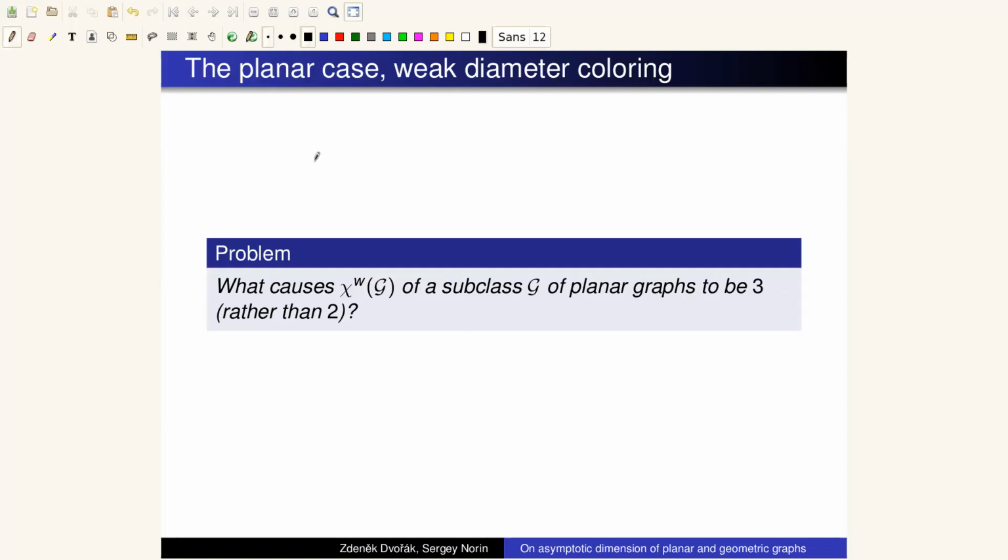So you can have a look at the very basic case for the asymptotic dimension. What happens at distance 1? So what happens with weak diameter coloring? Which subclasses of planar graphs have weak chromatic number 2, which have weak chromatic number 3?